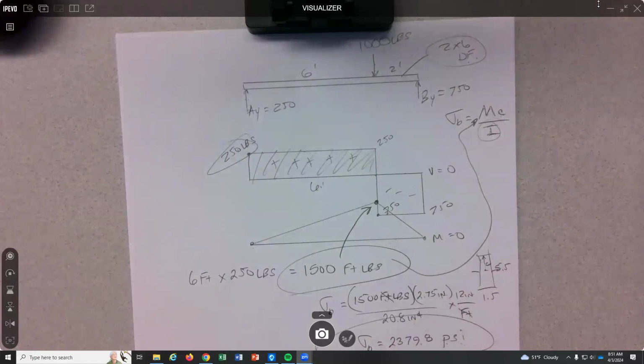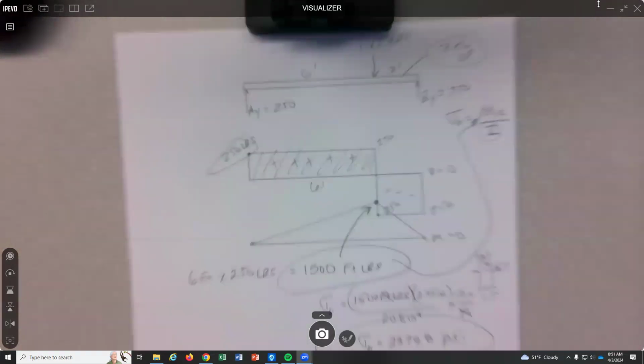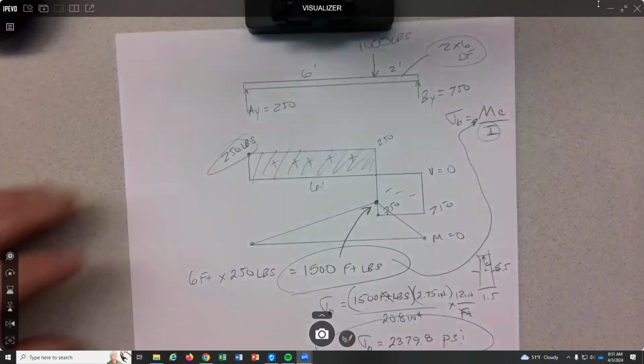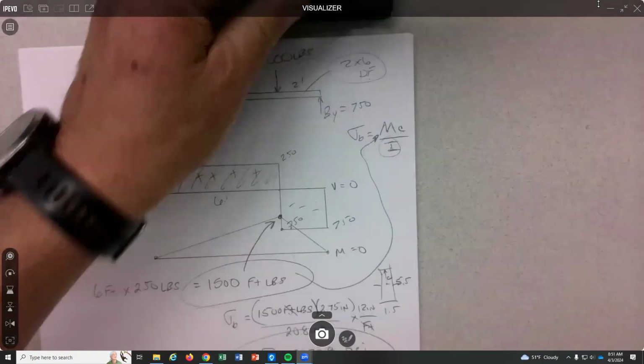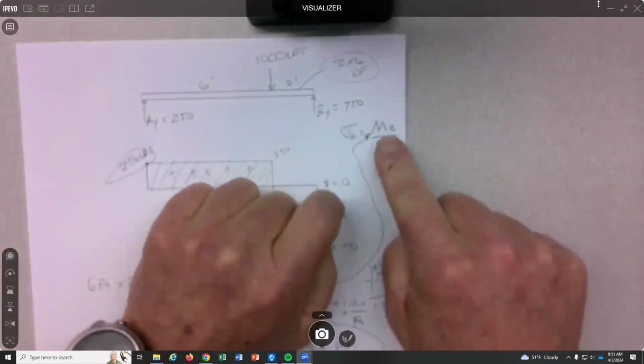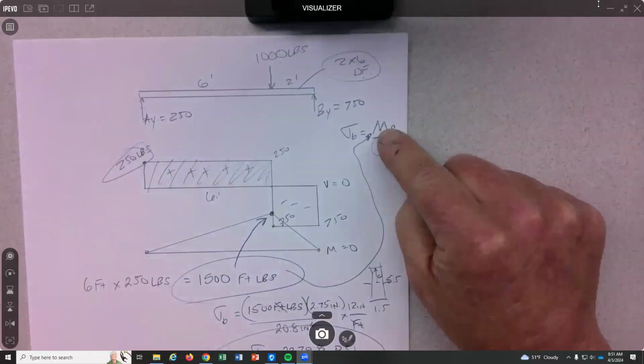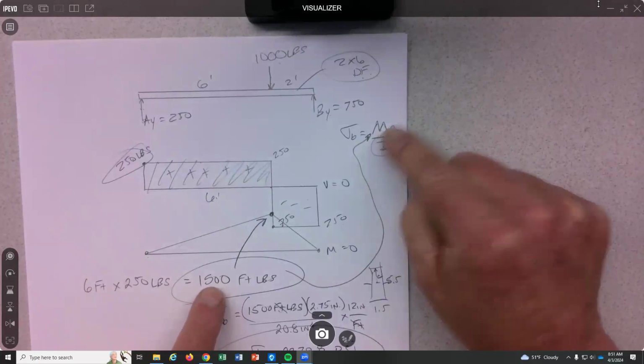Then if we really had to carry the 1,000 pounds, we'd have to adjust the area of the timber, right? It's got to get bigger. What's it got to be? Who knows? We can either keep guessing and checking, a little trial and error, right? Oh, 2 by 6 doesn't work. I wonder if a 4 by 6 works, and you try that. The other way to do it is to use this equation, right? You know your max moment, that moment's not going to change, right?